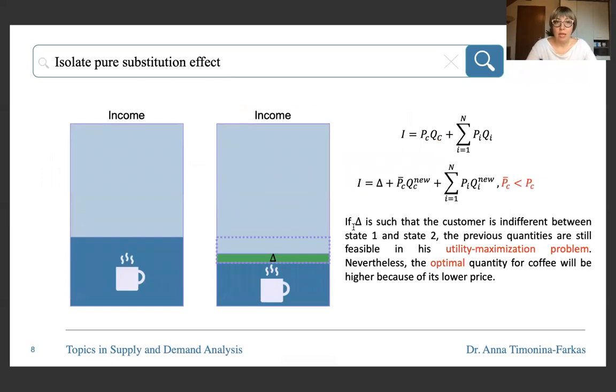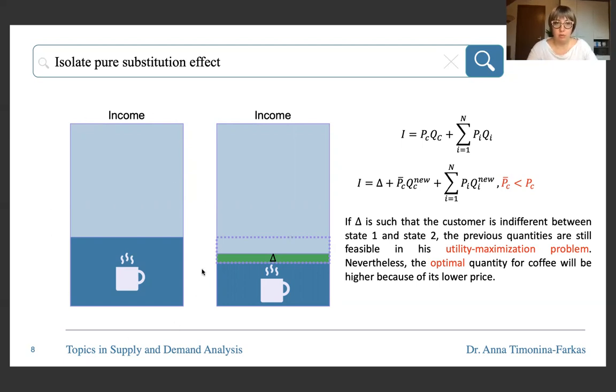Now, I would like to isolate the substitution effect from the income effect and to show you that in the substitution effect, for normal and for inferior goods, you will tend to buy more if the price decreases. Let us consider the example.